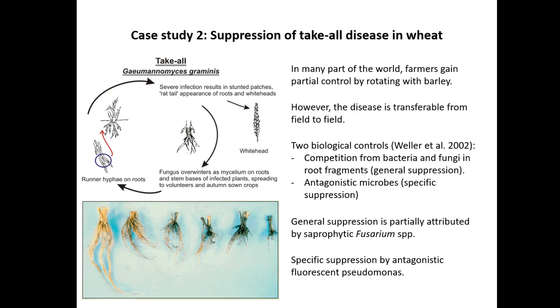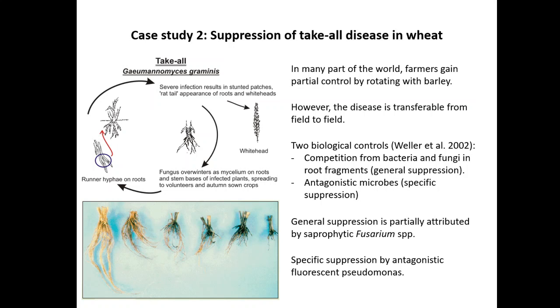Next, the second study is the suppression of take-all disease in wheat. This take-all disease of wheat is caused by the fungus Gaeumannomyces graminis. Root infection by the fungus blocks the conductive tissue and reduces water uptake.